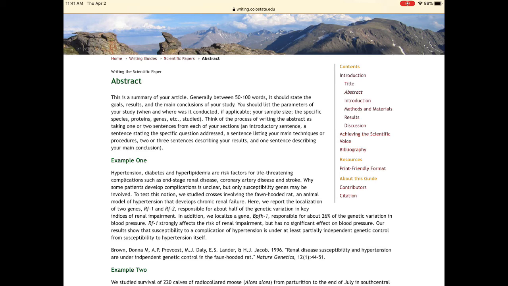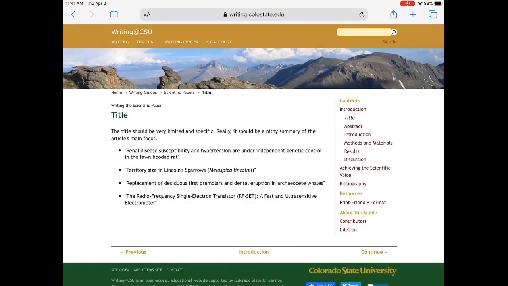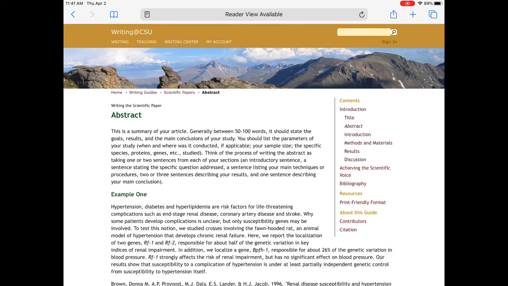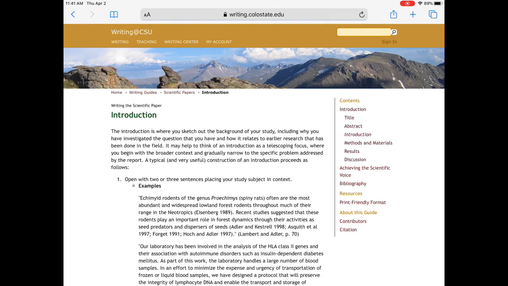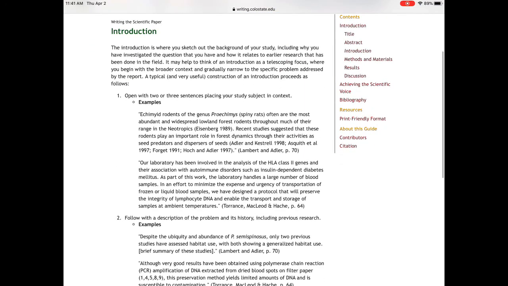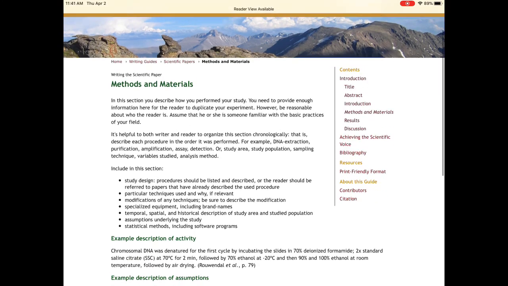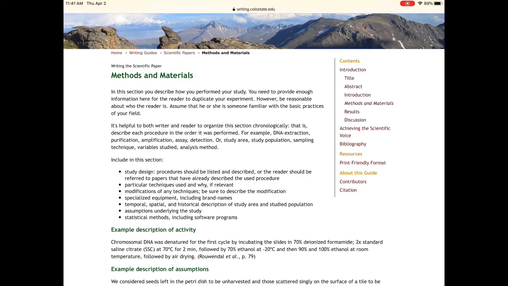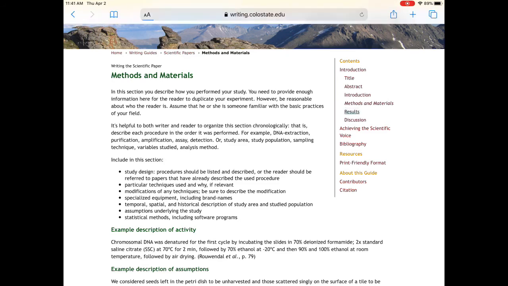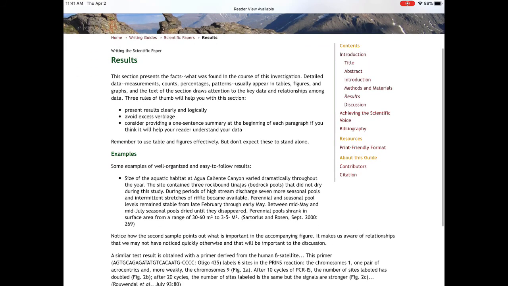So if we go back through the various areas to give you an idea of length, the title is really just that, a sentence. Your abstract is no more than a paragraph, 200 to 250 words. Your introduction might be anywhere from 2 to 4 paragraphs. Your materials and methods is probably only going to be 1 or 2 paragraphs total.